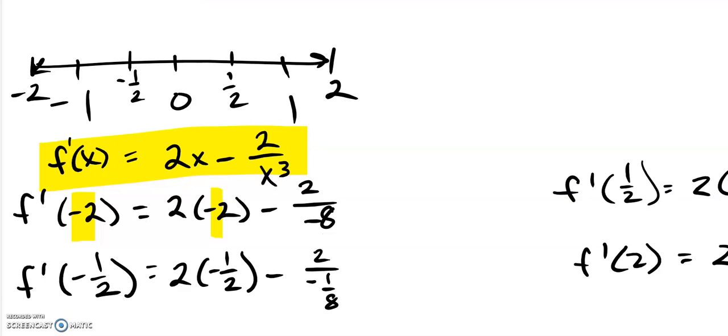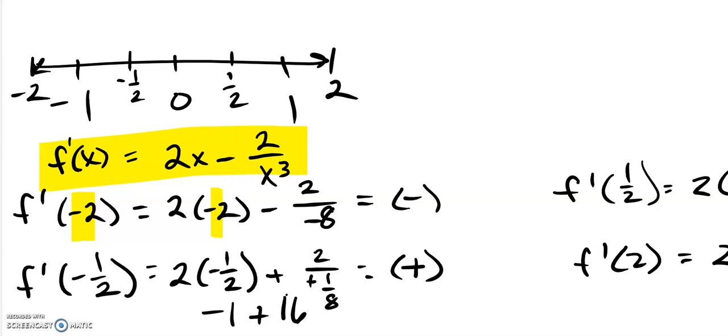So that gives me a negative answer. And that's all I care about, positive or negative. And then over here, you get a negative 1 minus a negative 16, because 2 divided by 1/8 is 16. And that gives us a positive answer because of the minus and negative. 16 is larger than negative 1. So that gives me a positive answer.